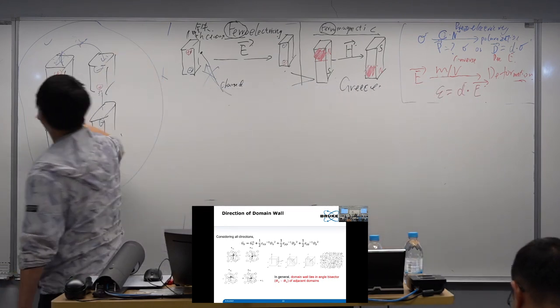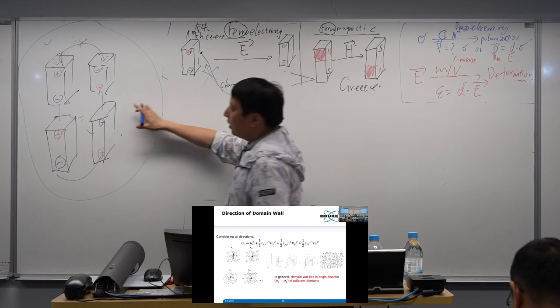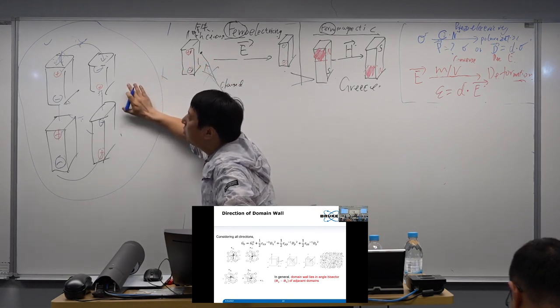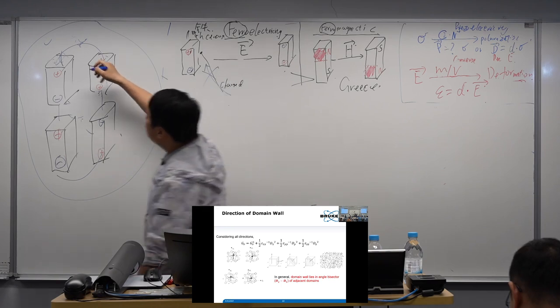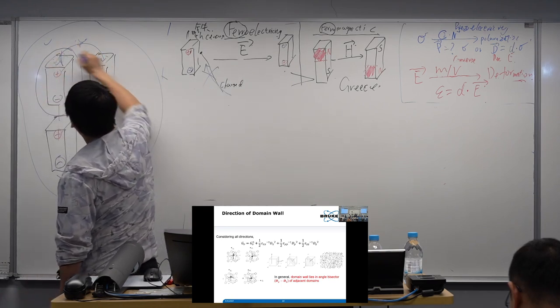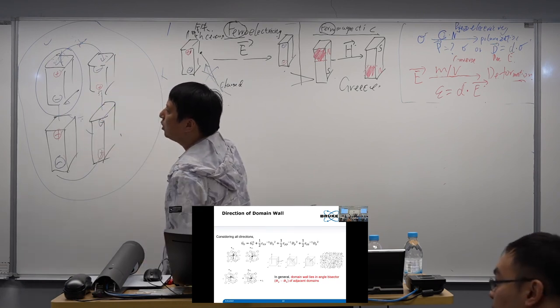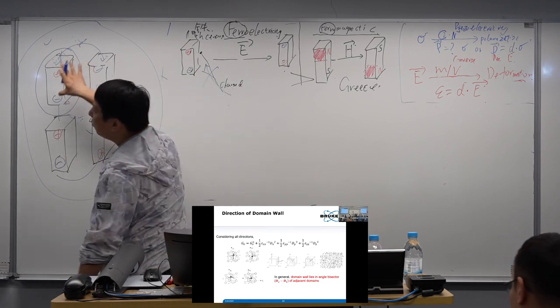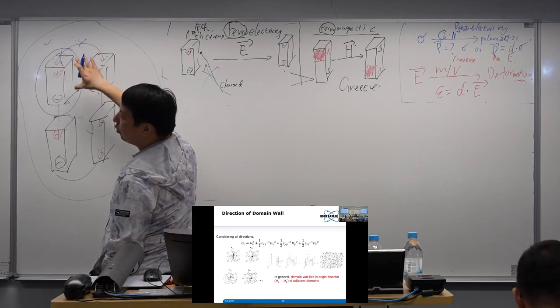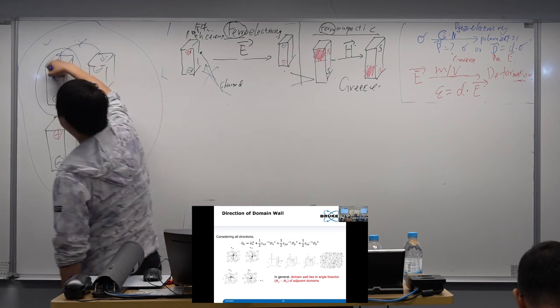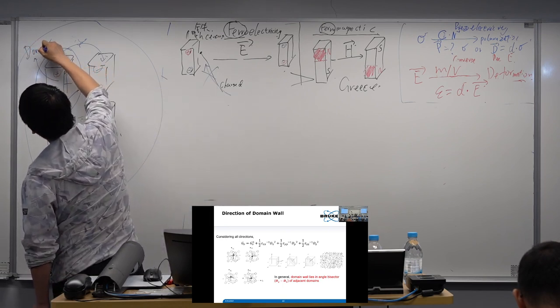Okay, that's why. And then in this kind of fashion, we would find in a certain area, it will form the same direction. And the crystals that form in the same direction, we call this one a domain.